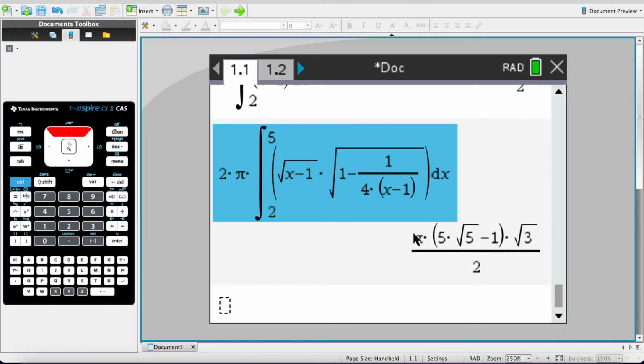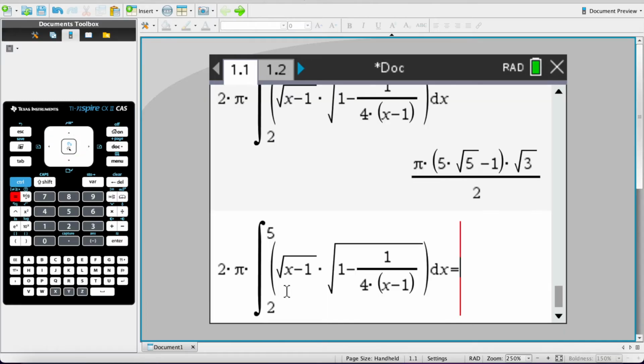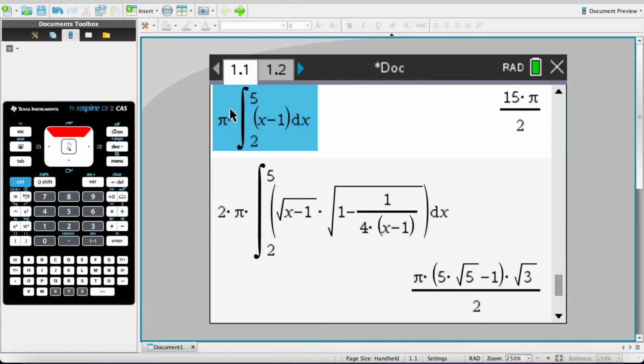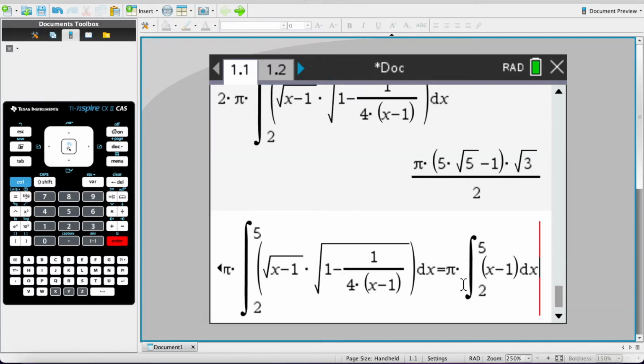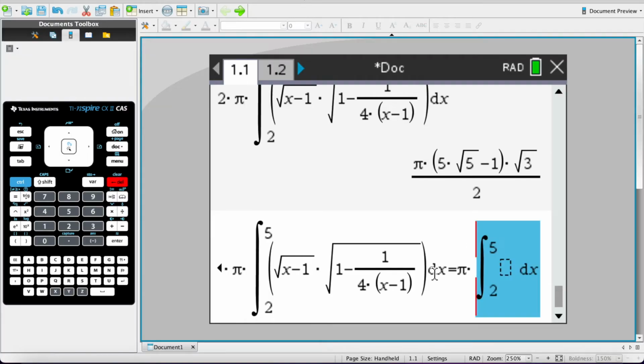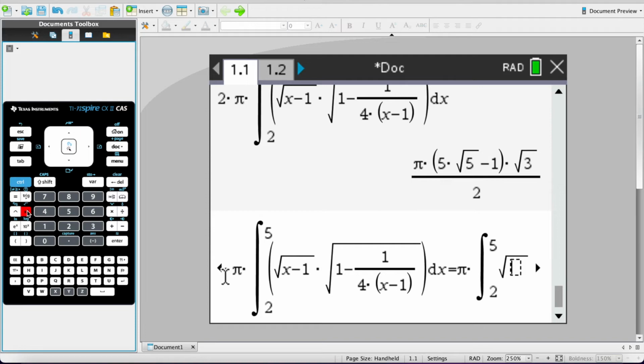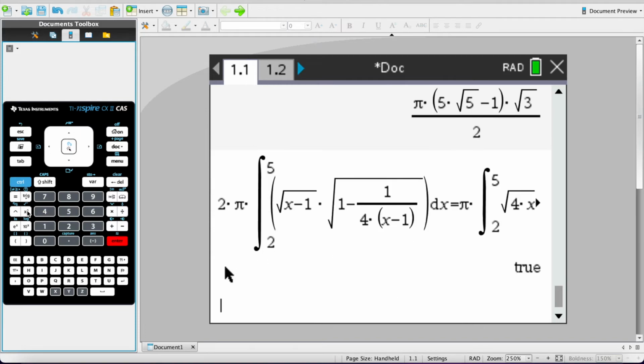Okay, well, it gave me that, but let me just say that that's equal to pi times the integral from 2 to 5 of the square root of 4x minus 5. Please say true. True. Cool.